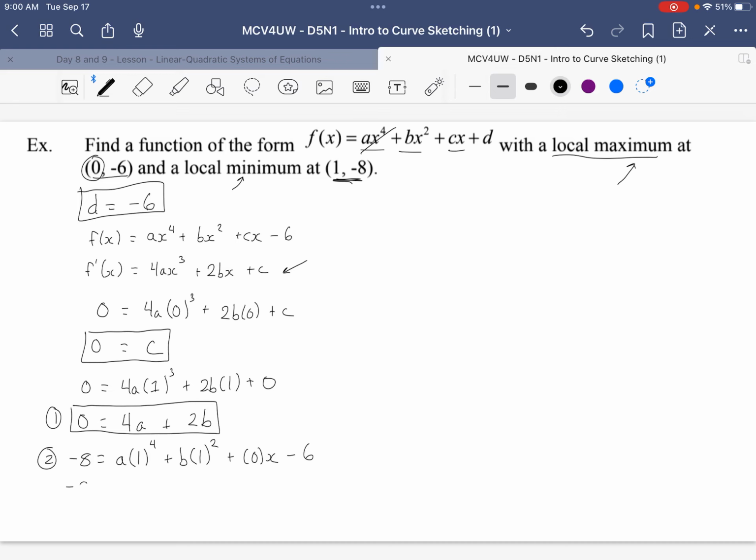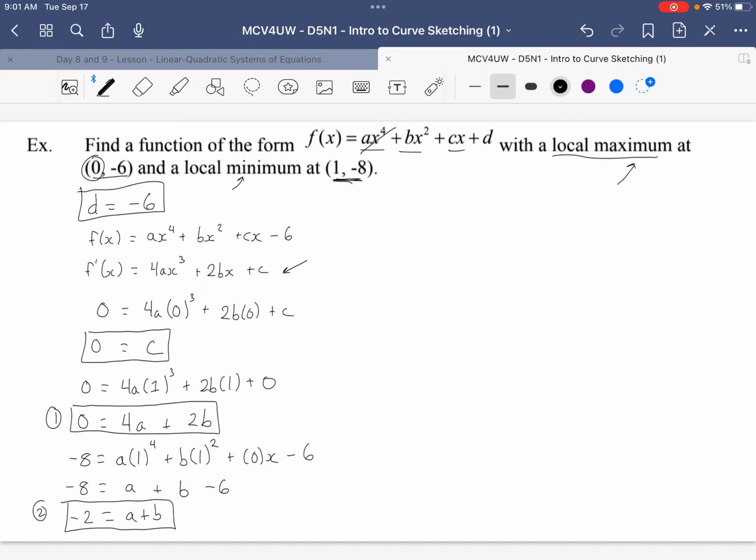Now, when I simplify that, we'll have -8 equals a plus b minus 6. And if I move that -6 to the other side, I have -2 equals a plus b. And look at that, just like that, I now have 2 equations that I can solve: 0 equals 4a plus 2b, and -2 equals a plus b.